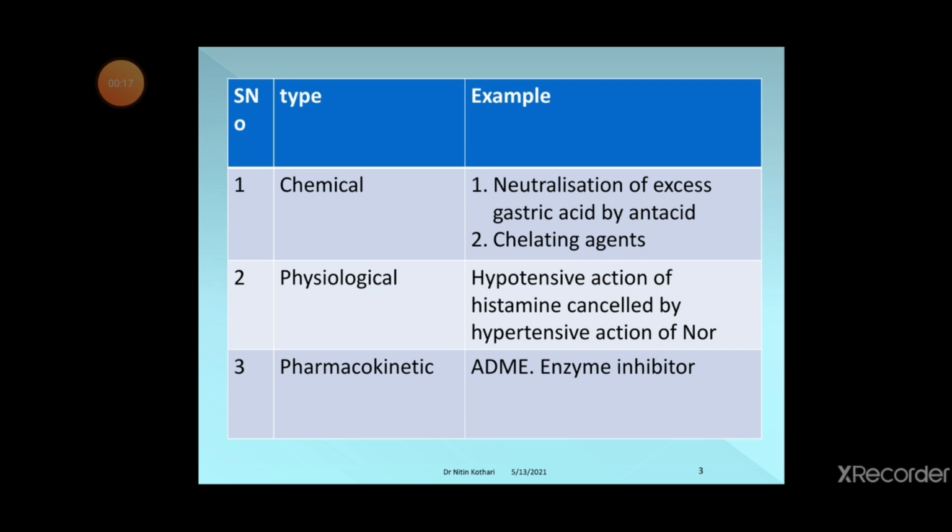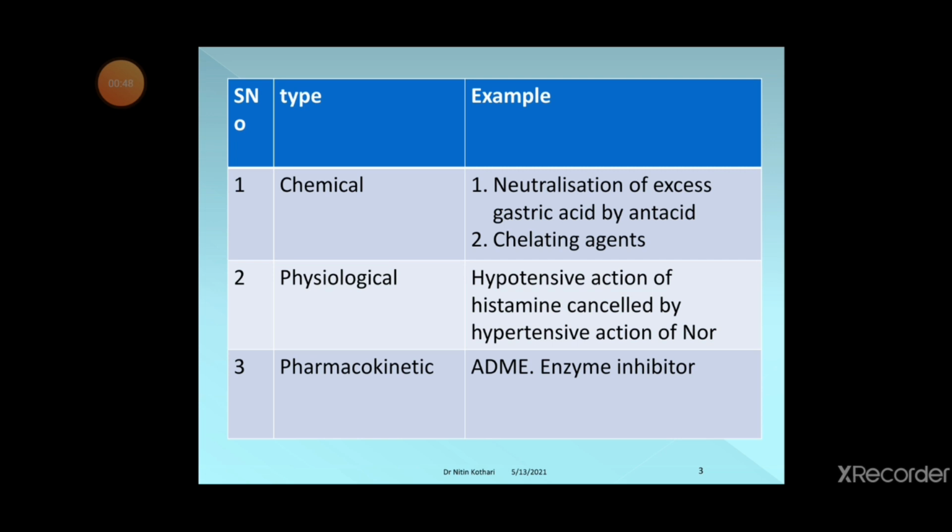In pharmacokinetic type of drug antagonism, as we have discussed in pharmacokinetics, take a lady who is on oral contraceptive pill for contraception, and she has been diagnosed with tuberculosis and prescribed rifampicin. This lady should use a contraceptive method other than OCP, because OCP contains estrogen and progesterone, whose metabolism is induced by rifampicin.